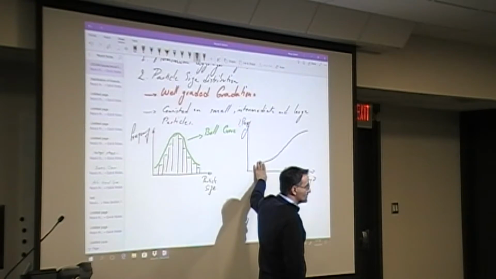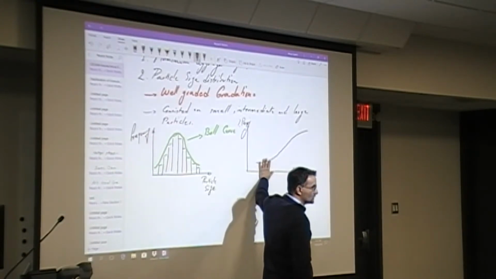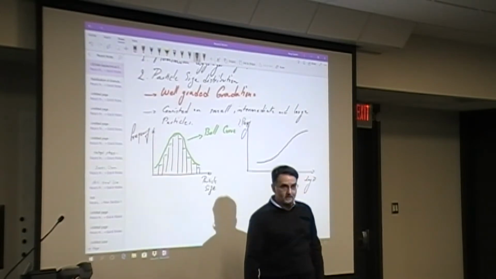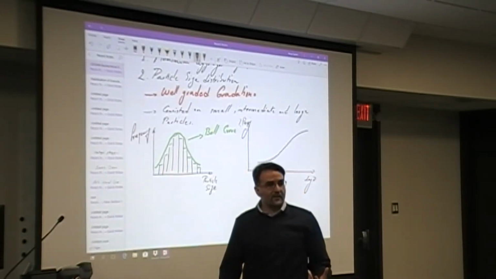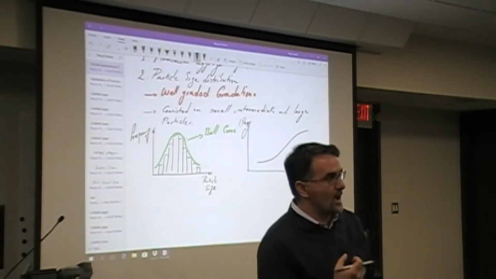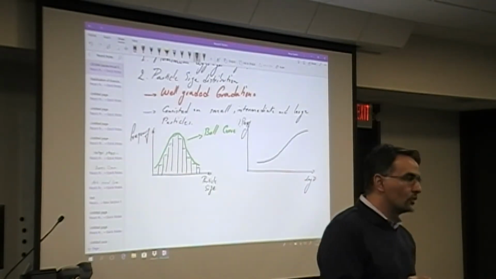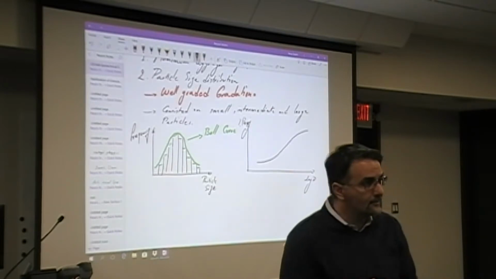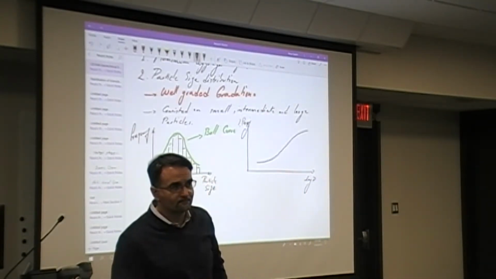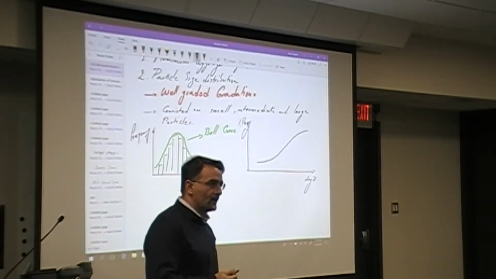Elongated S-curve essentially says that you have small particles, you have intermediate particles, and you have large particles in your mix. And that would be favorable because it will provide more contact points. And once you have more contact points, you have more contact area. Once you have more contact area, what happens to the friction? Increase.